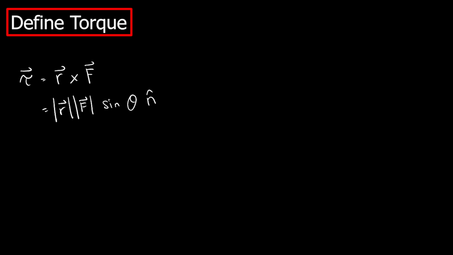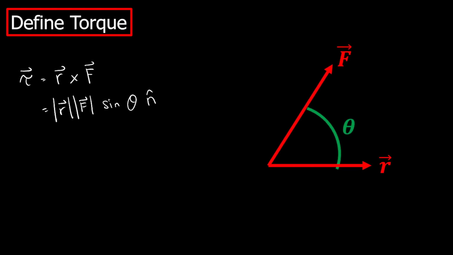How do we go about this visually? Let's draw the displacement vector from the point of rotation in one direction, and then F in a different direction, with the angle between them. Where does the torque go?